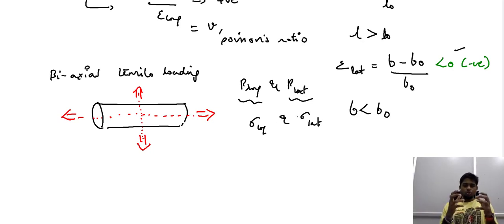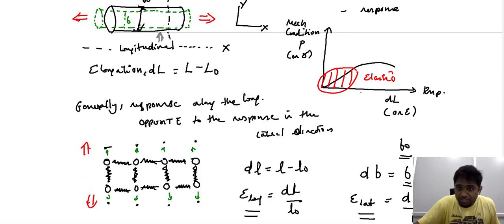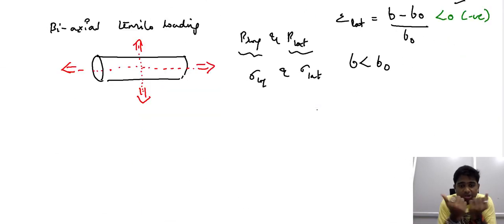Now, under the biaxial condition, we want to describe what is the response offered by the material. Initially we just focused on the response offered by the material along the loading direction alone, so along the longitudinal direction alone.